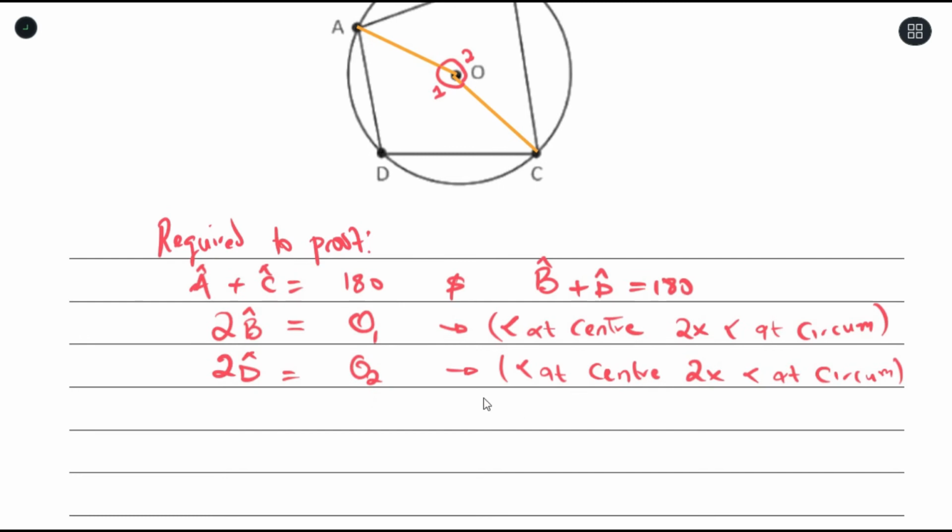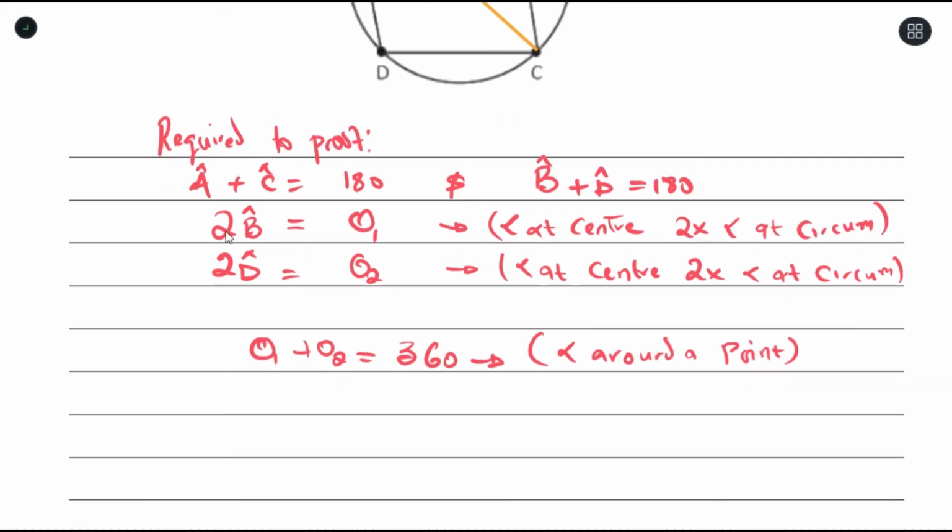Now we also know that O1 plus O2 is equal to 360. And the reason is angles around a point. Angles around a point usually add up to 360, a revolution.